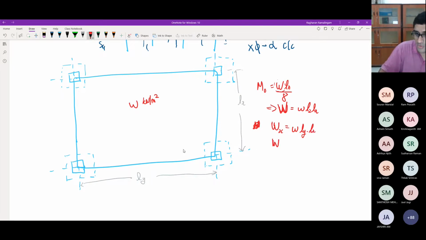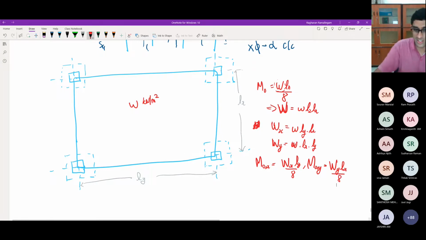Similarly, for finding the moment in the y direction, mostly the W will be the same, as long as you do not have the 65% criterion governing. For this, L2 will be Lx and Ln will be Ly, subject to a minimum of 65% Ly. Then M0x will be Wx Ln, which is Ly by 8, and similarly M0y will be Wy Lx by 8.